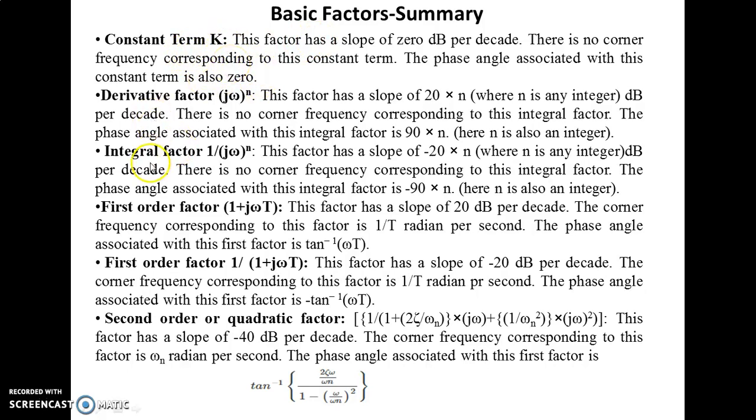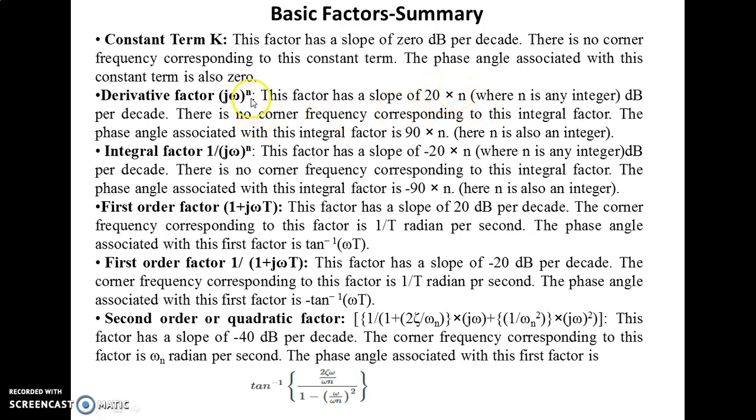For the integral or derivative factors, I have explained about s, right? It may be s square, s cube, whatever the value; the only difference is the multiples of n. If it is plus n, the slope is n times 20.